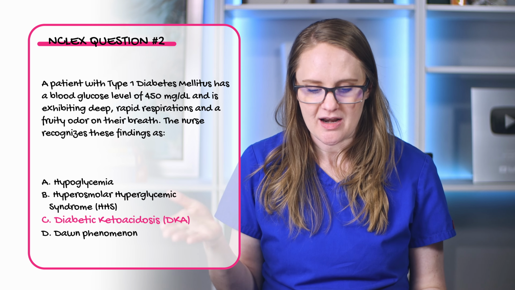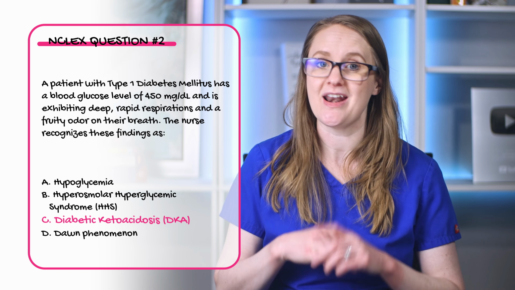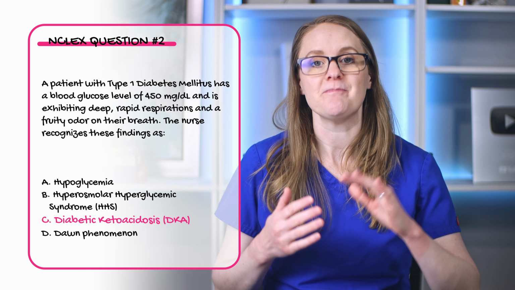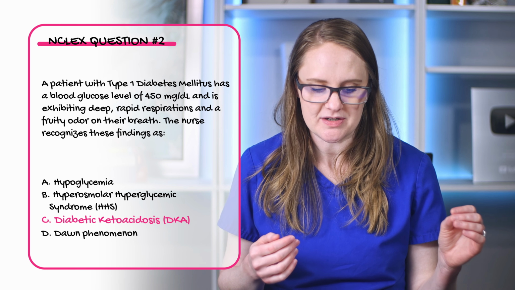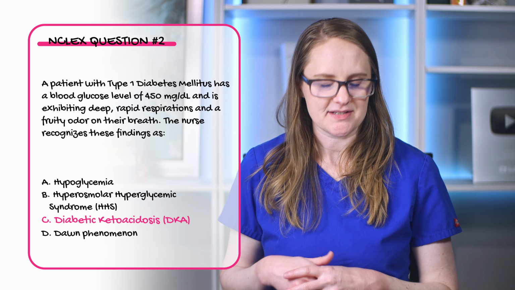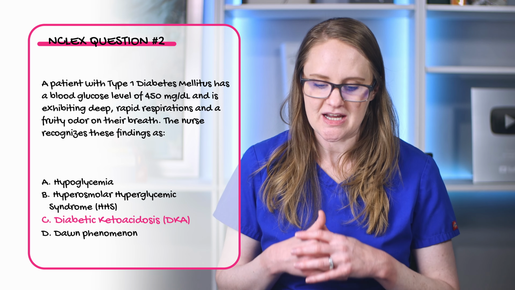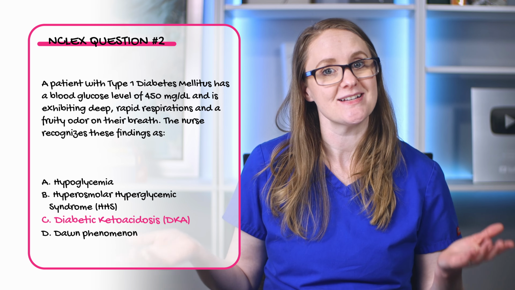So answer B is incorrect. And then Dawn phenomenon. Now this one's kind of interesting. This is a rise in blood glucose level in the early morning hours, but it wouldn't cause these acidosis symptoms. So in this question, answer D is also incorrect. The correct answer here is C.